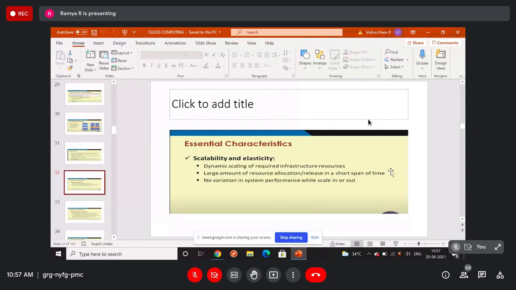Now some essential characteristics, scalability and elasticity: dynamic scaling of required infrastructure resources, large amounts of resource allocation, and no variation in system performance. Scalability and elasticity, you should understand these two words. Say your inbox is full, as I told you. If you want to increase, you can increase, suppose to 25 GB.